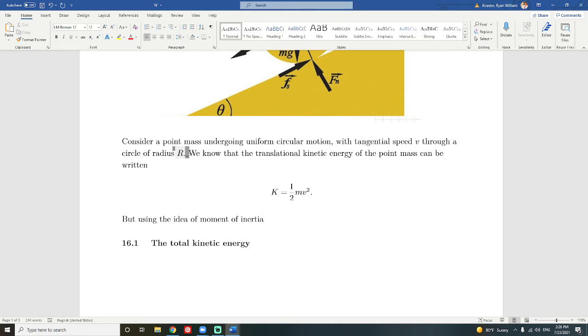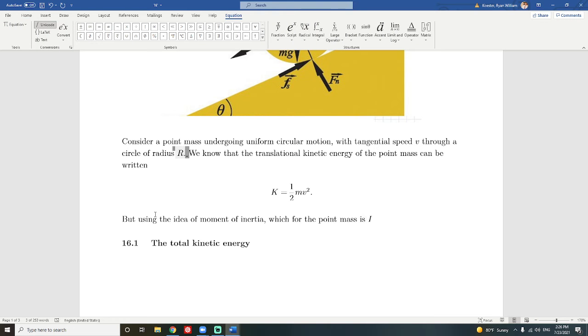But for one point mass, it doesn't need to be a sum, because it's just one point mass. And we know that its distance from the center of the circle is big R.